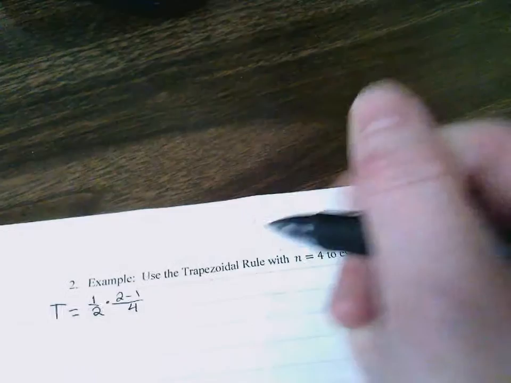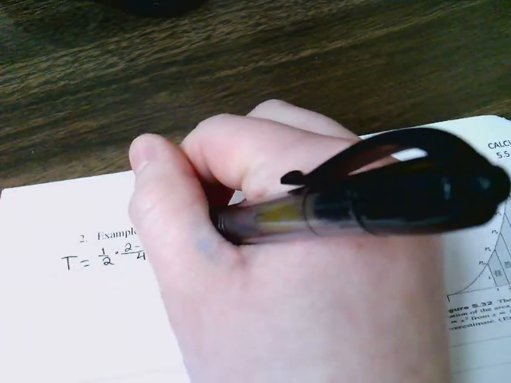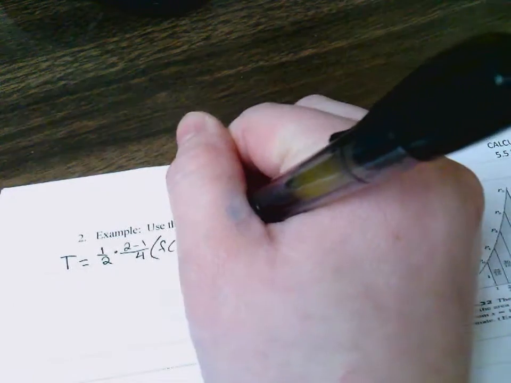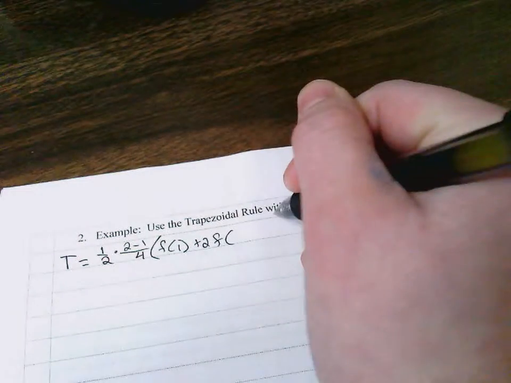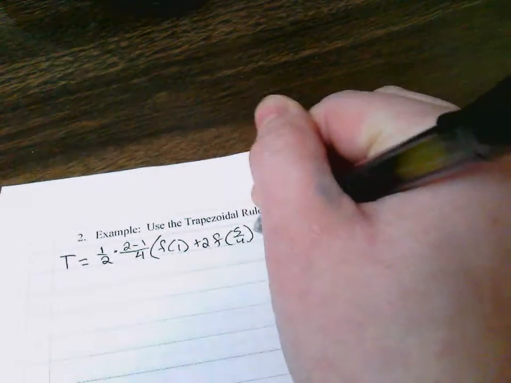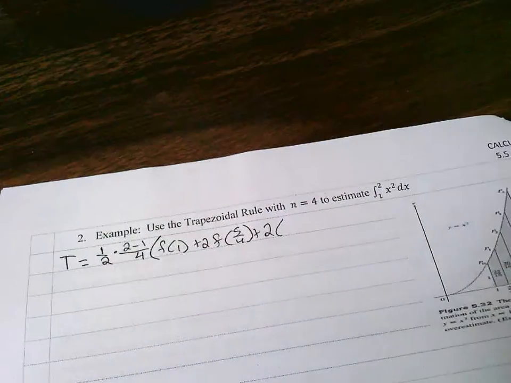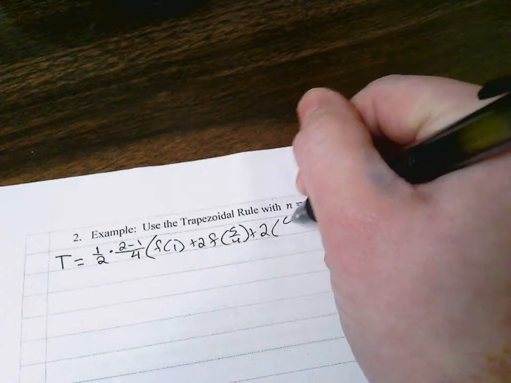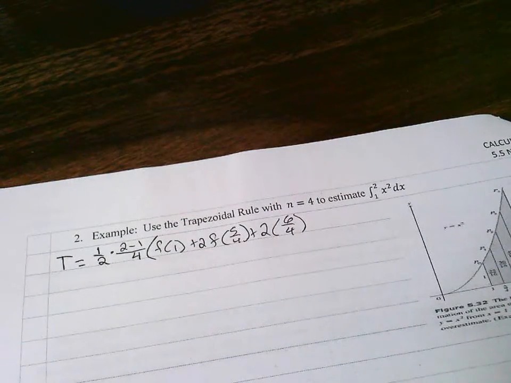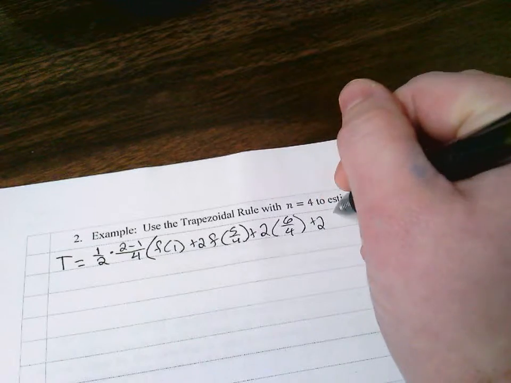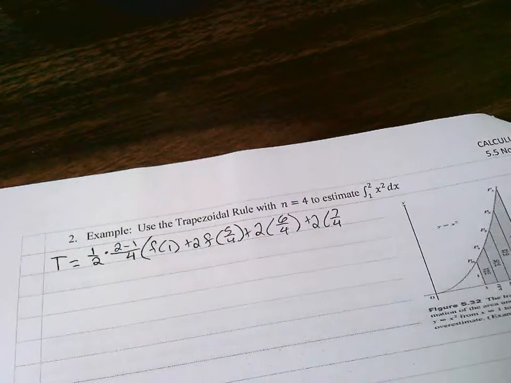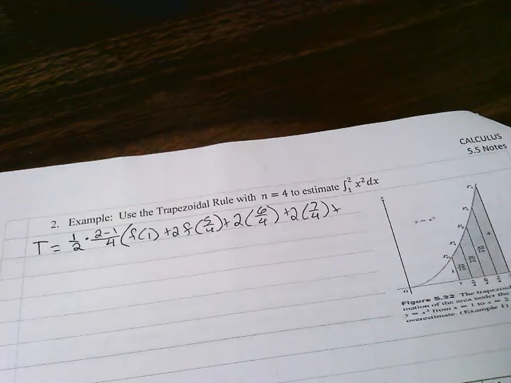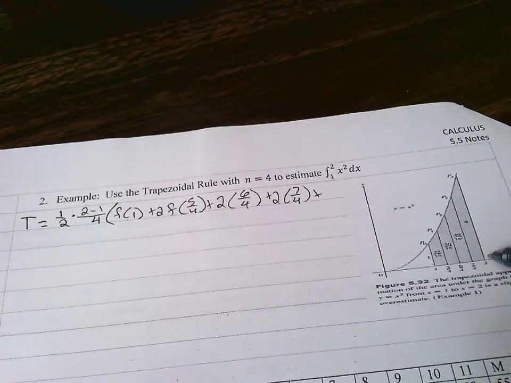And then you're going to do f of 1, plus 2 times f of 5 over 4, plus 2 times f of 6 over 4, plus 2 times f of 7 over 4, and the last one is going to be f of 2, or you could do 8 over 4, which is 2.